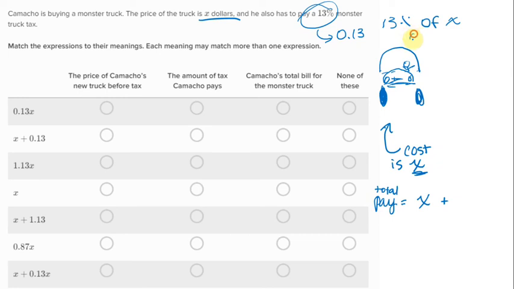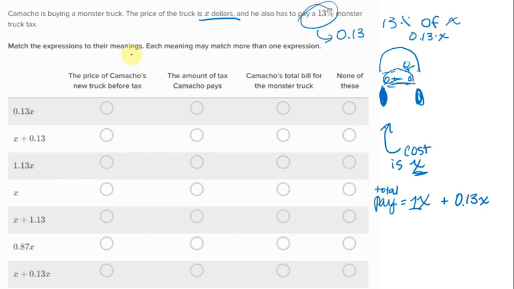In other words, 0.13 of X. So the total amount that he has to pay is X plus 0.13X. So let's take a look at what this could be. And I can say that this is 1x too.